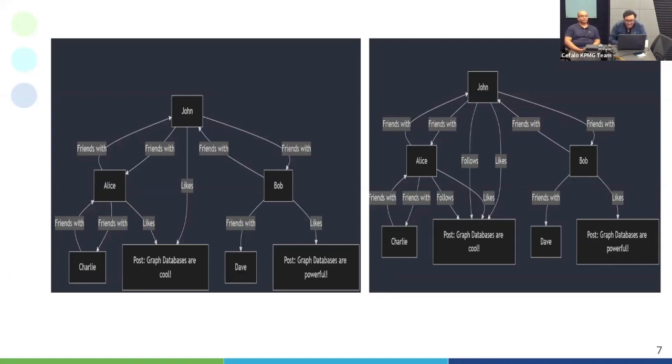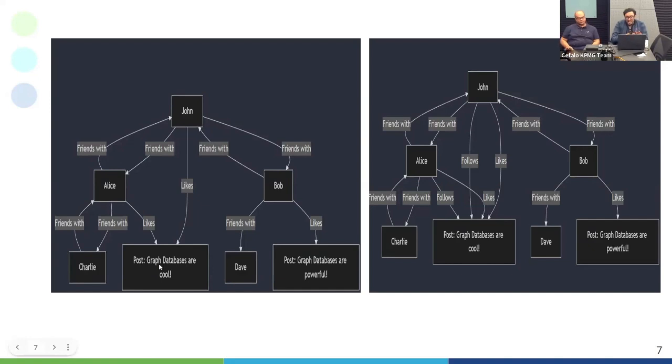So here, basically, John can be friend with Alice, and Alice also can be friend with John. And suppose there is a new post by Alice.